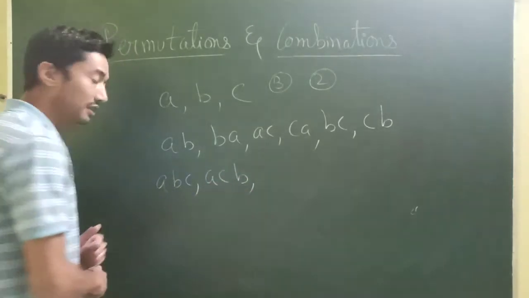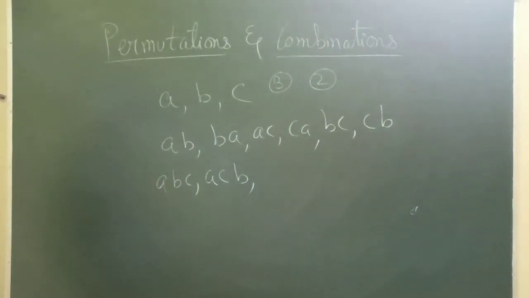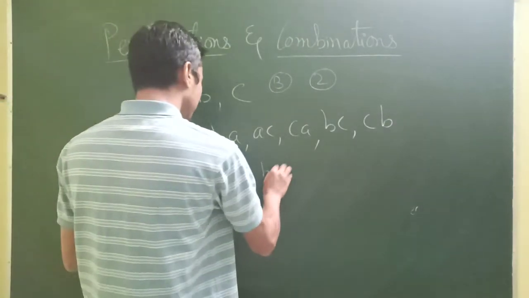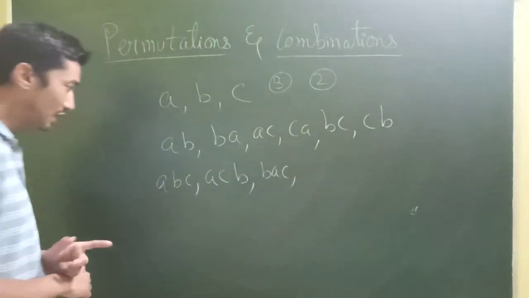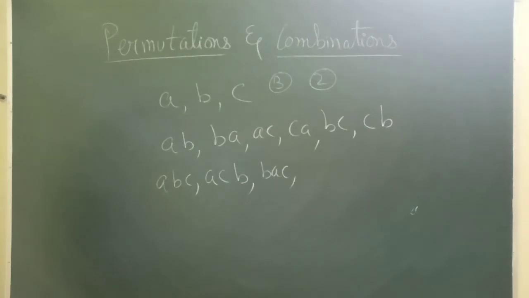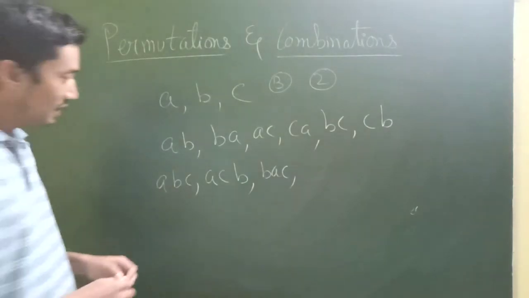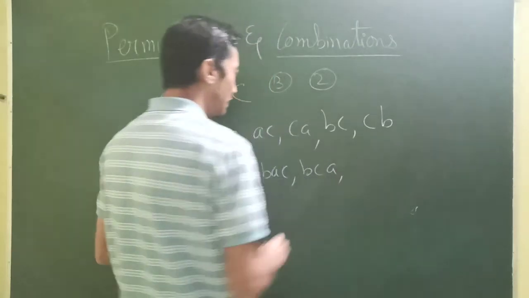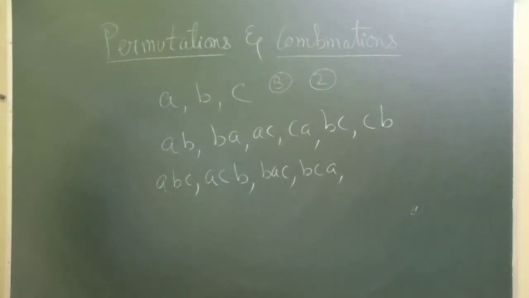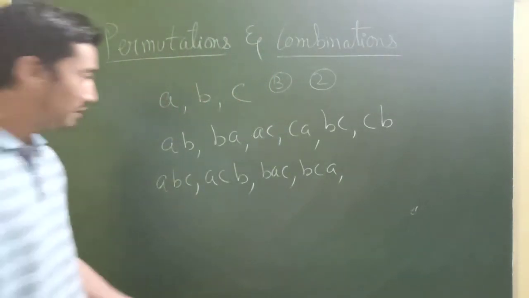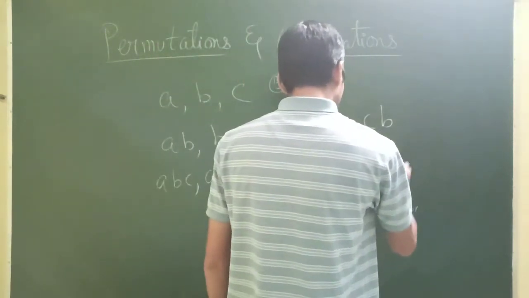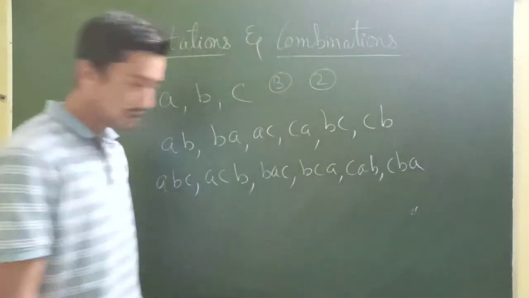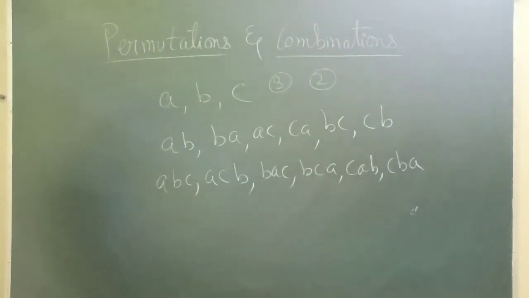A B C, A C B, B A C, B C A, C A B, and C B A. I think that will be enough. So here also we have 6 arrangements that we can possibly have.